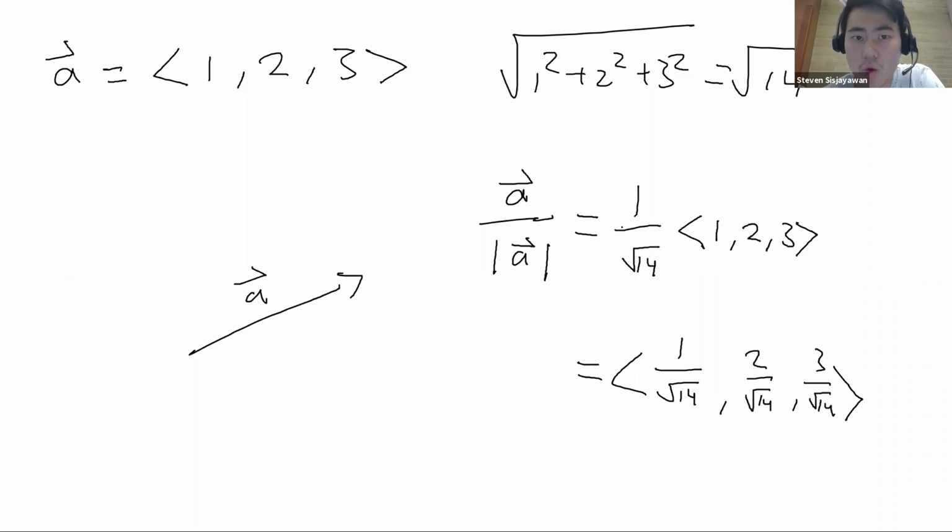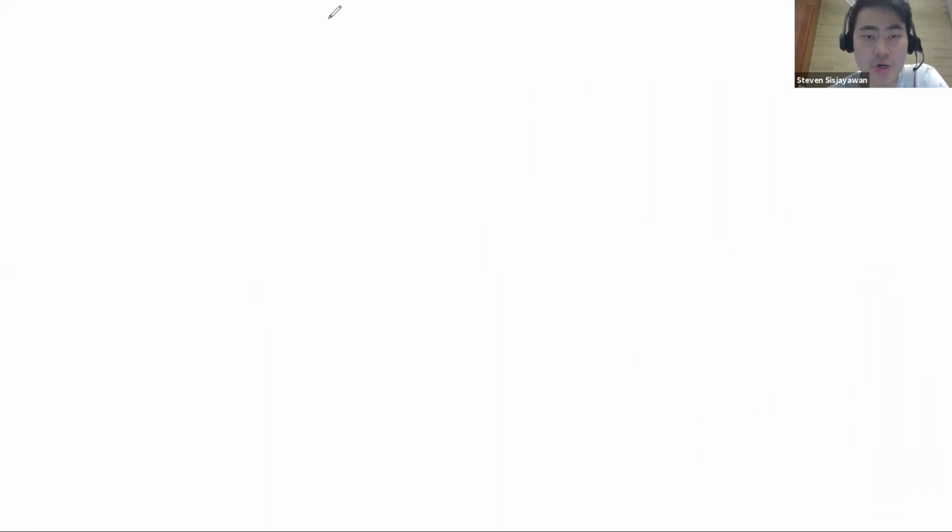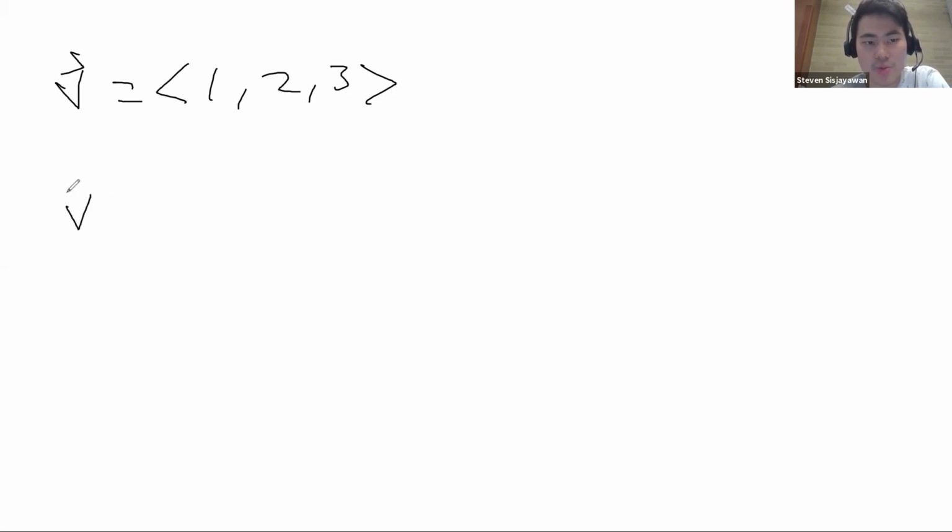All right, so one more thing they introduce in 12.2 is another form of representing a vector. Let's say we have the vector v, and that is represented by 1, 2, 3. Okay, let's just use the same vector. This can also be represented as i hat plus 2j hat plus 3k hat.